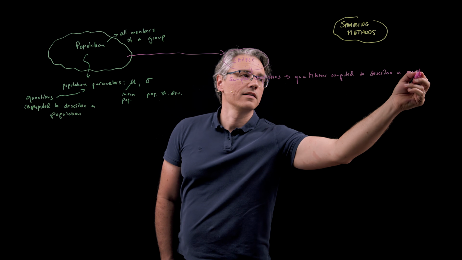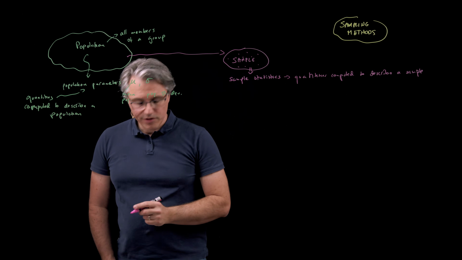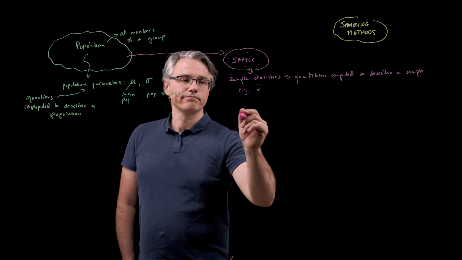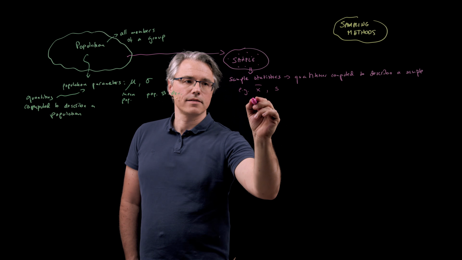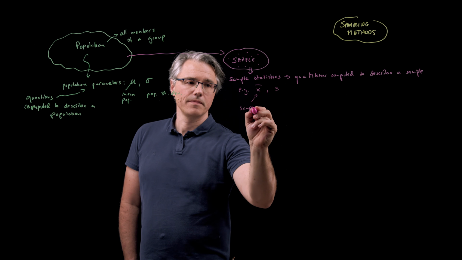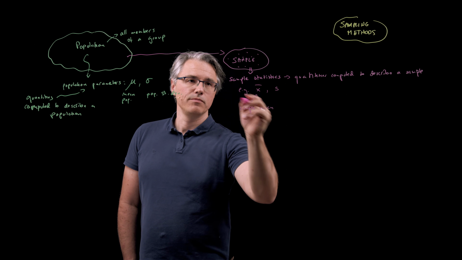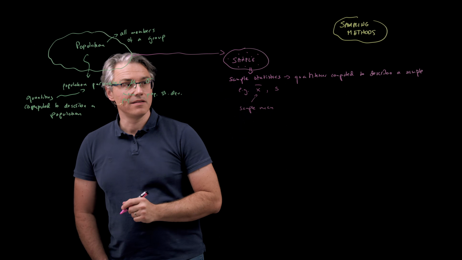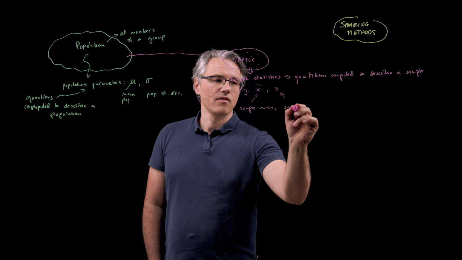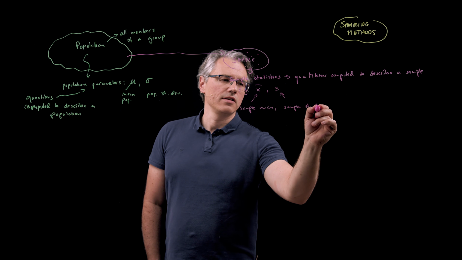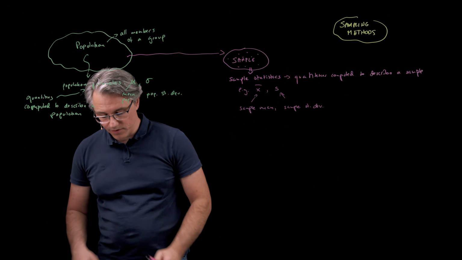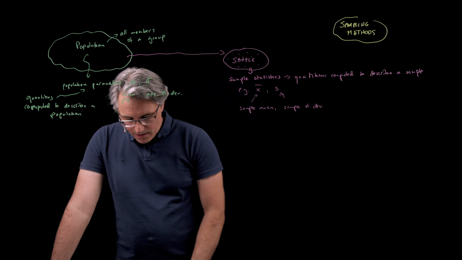A given sample, for example, X bar or S. This is the sample mean, so the mean computed based on the data in the sample. S is the sample standard deviation, and you'll see these symbols appearing later on as well in subsequent videos.